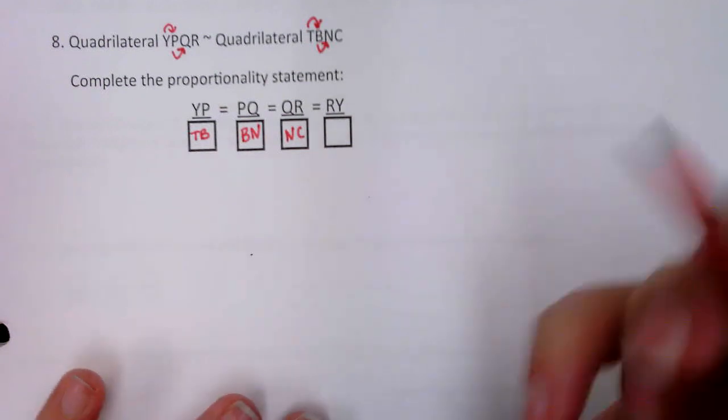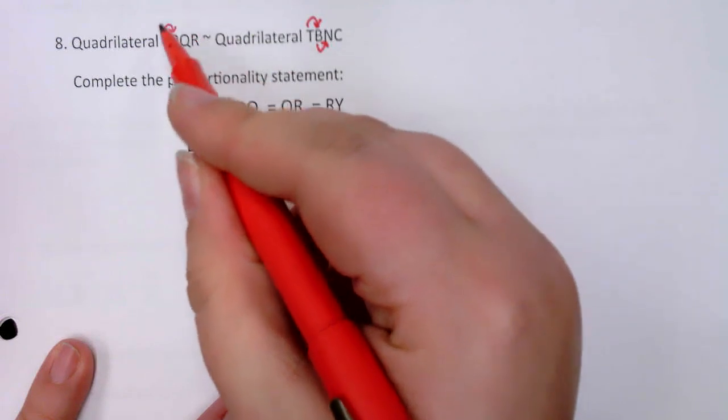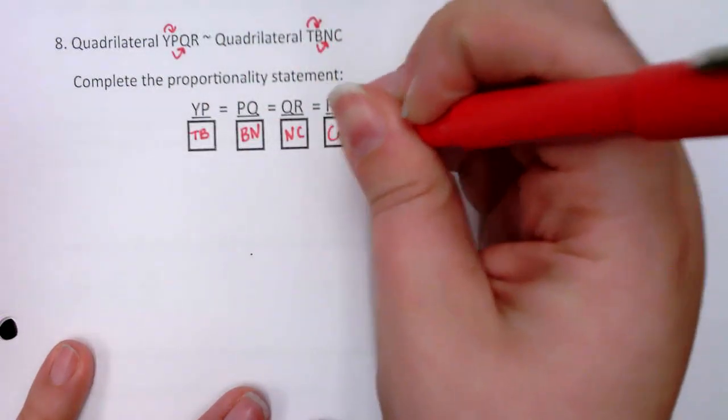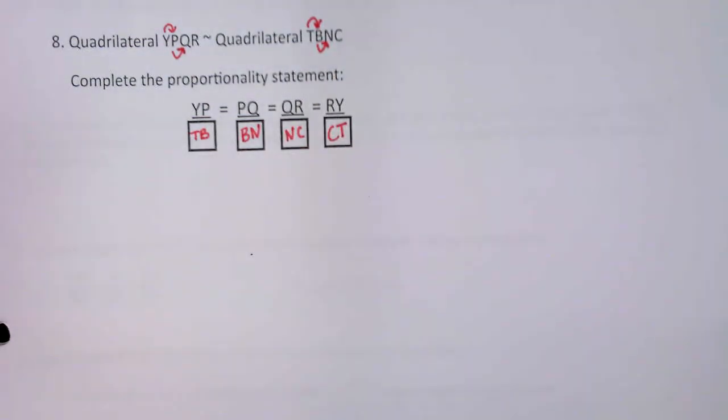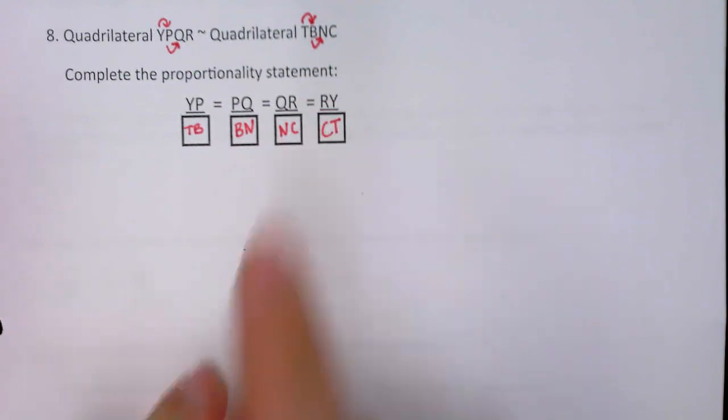And then the last proportion, we have RY. So R is the last, back to the first one. We go from C to T. And here's the proportionality statement that matches up those corresponding sides. And it shows how the proportions are all equal.